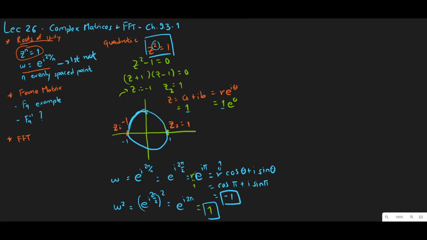Now I will give us another example. Right now let's do z to the 4 equals 1. Okay, so let's first do this kind of thing here. So we know this is z to the 4 minus 1 equals 0. Then we'll have z squared squared minus 1 squared equals 0.